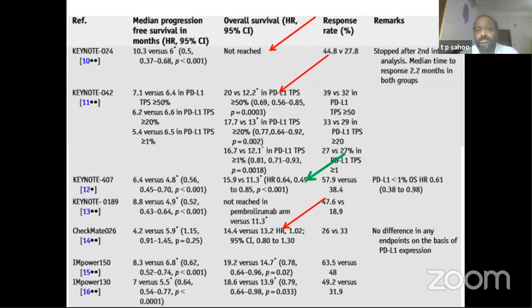For the non-squamous, in the PDL1 setting, if chemo is used with immuno, the absolute survival numbers look much better. But all said and done, the only trial we have in the first line for squamous, Keynote 407, did show an advantage of 15.9 versus 11.3 months when combining immunotherapy with the Paclitaxel carbo arm.